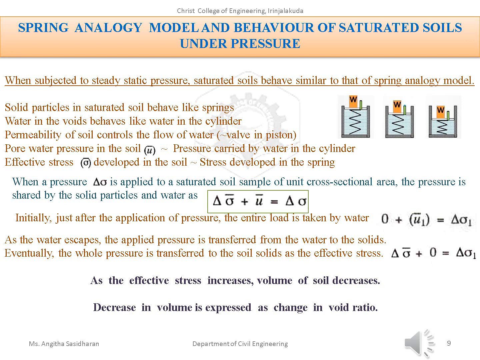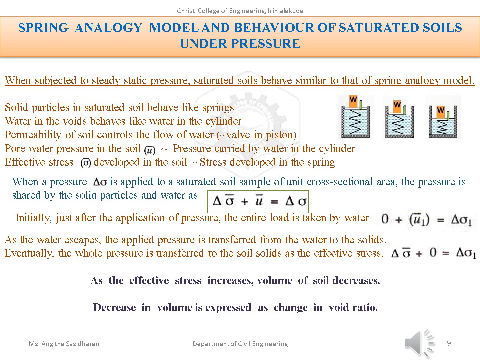And there is a valve in the spring analogy model. So in the real situation, what will play the role of that valve? The permeability of soil, that is controlling the flow of water away from the soil mass, isn't it? So the permeability of soil controls the flow of water, equivalent to the valve in the piston.